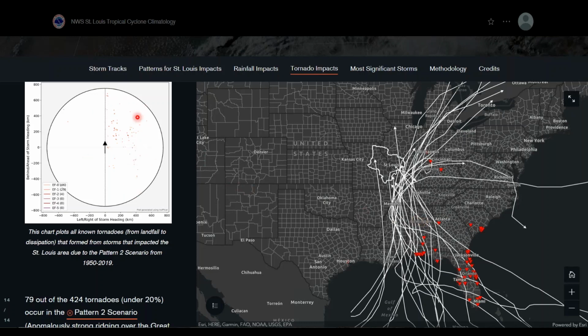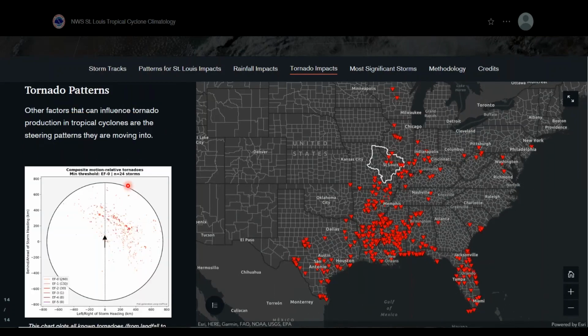And that's actually visualized. I was able to use the tropical package to create these plots, plotting the tornado paths in relation to the storm direction. If we go back, this is all of the cases.